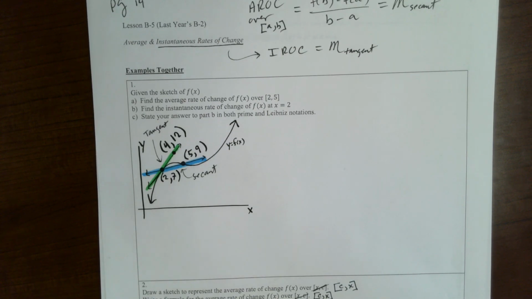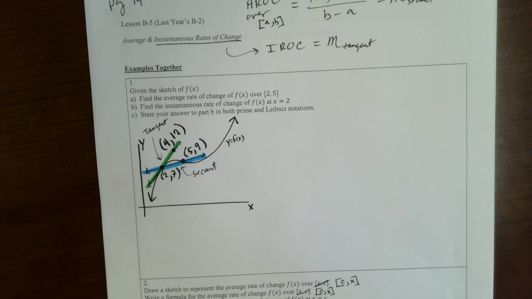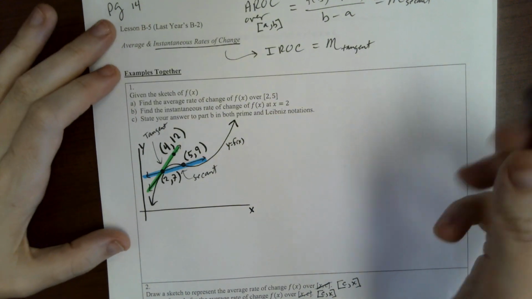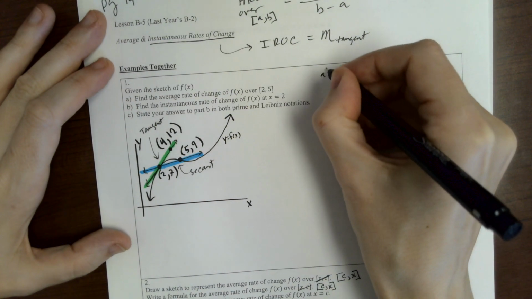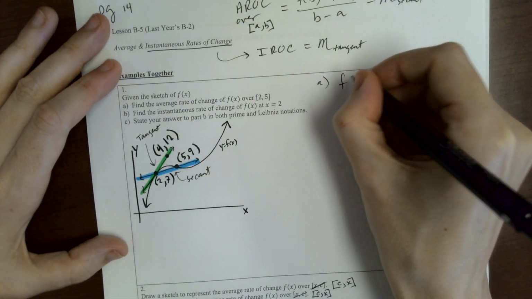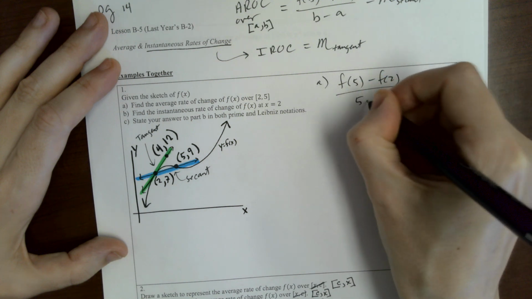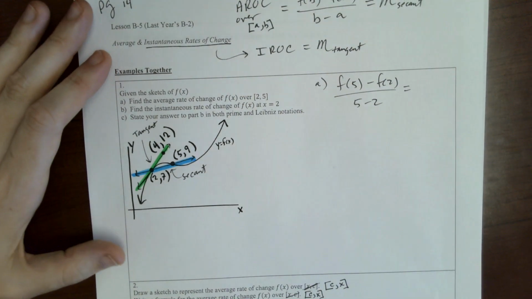Okay, so down here, given the sketch of f of x, part A, find the average rate of change of f of x over the interval 2 to 5. Okay, so this is AROC. So part A, AROC is going to be f of 5 minus f of 2 over 5 minus 2.